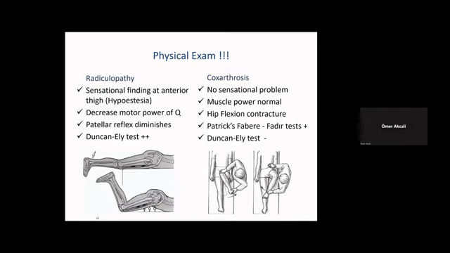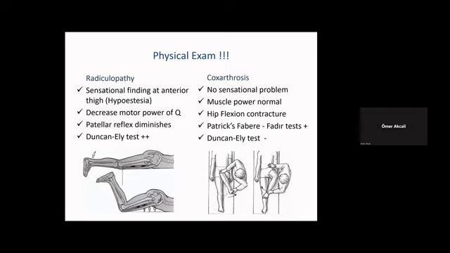And you can see the Duncan-Ely test here. The Duncan-Ely test is generally positive in radiculopathy patients. This test is based on stretching the rectus femoris muscle anteriorly with knee flexion, and it can be positive in L3 radiculopathy.